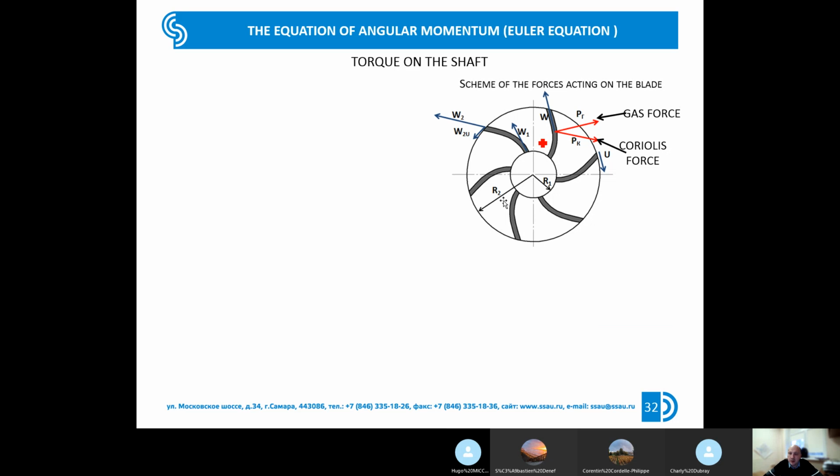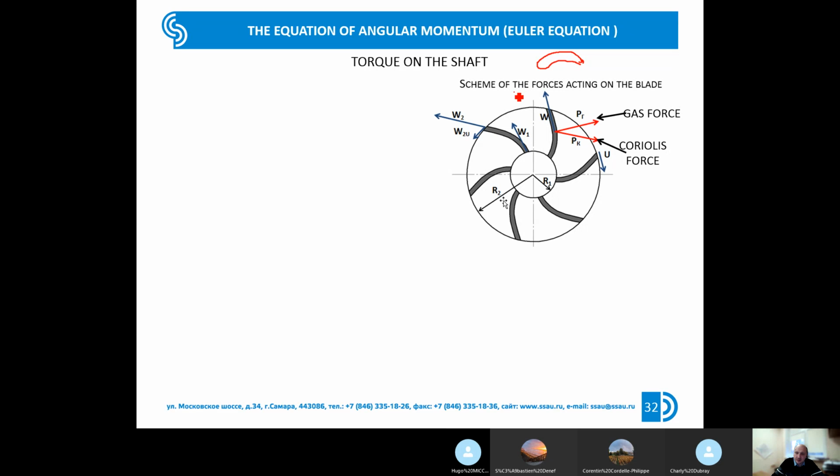That's why we look from the common position. In reality we have two kinds of forces which impact the blades. First, it will be gas forces. We discussed it in previous lectures.